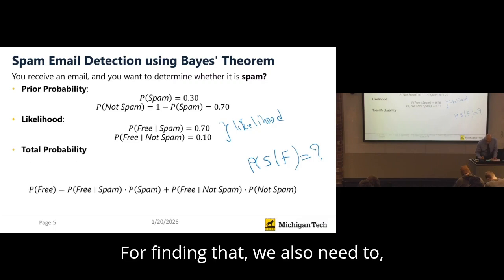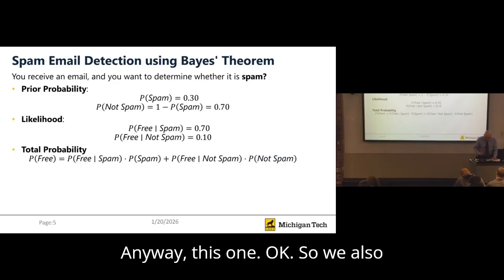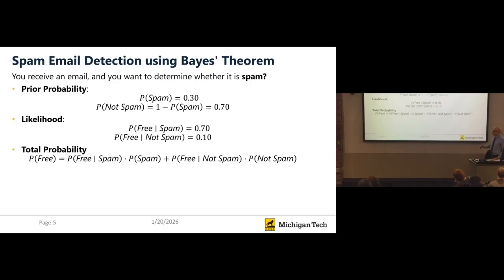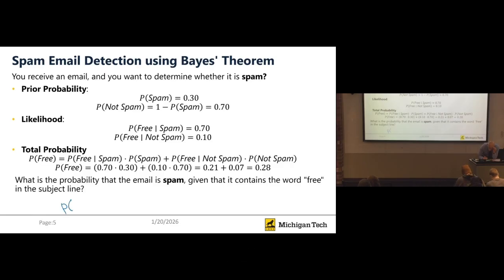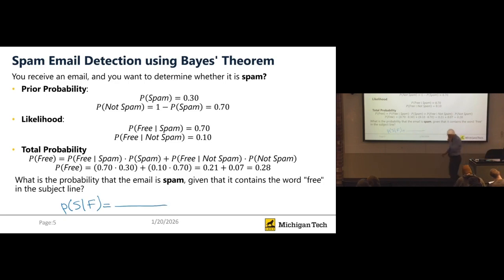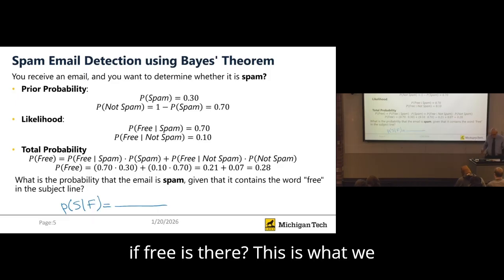For finding that, we also need to find the probability of having free, because we need it for this formula, the probability of spam given free. This is what we want to find: what is the probability of a spam if free is there?